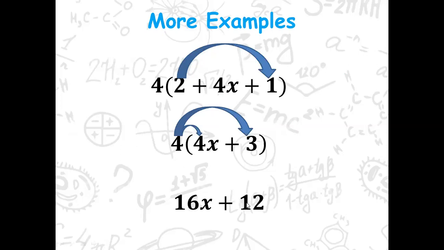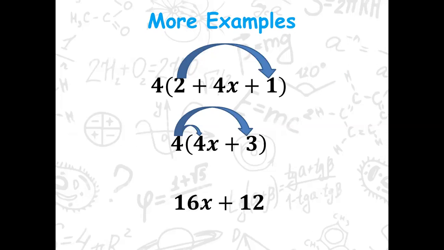Now you might be confused. Why did she say don't add the number and letter together, and now she is multiplying the number with the variable? That rule which I said, do not add a variable and a number together, is only for addition and subtraction.